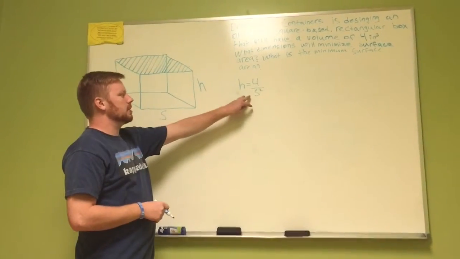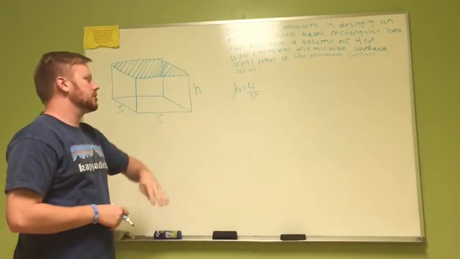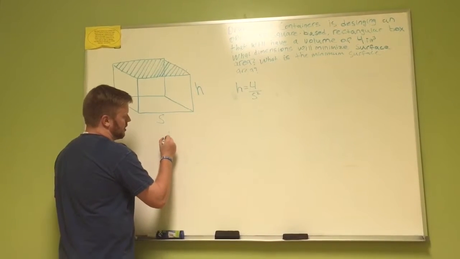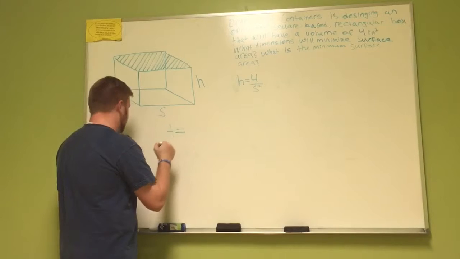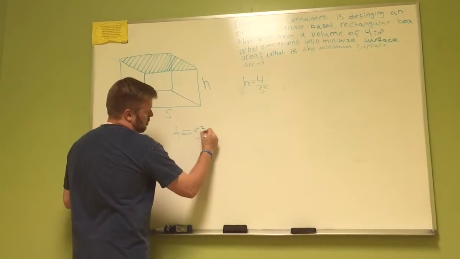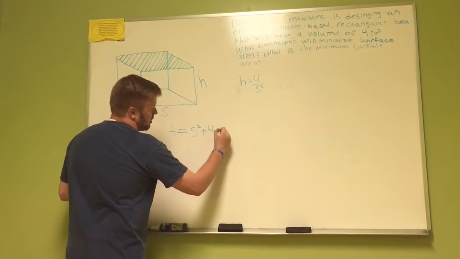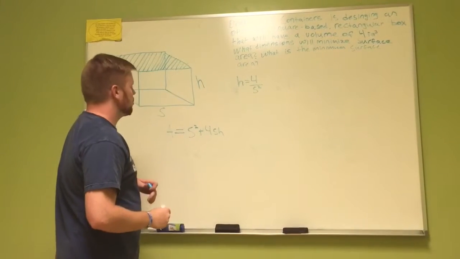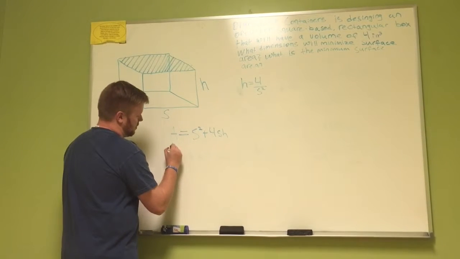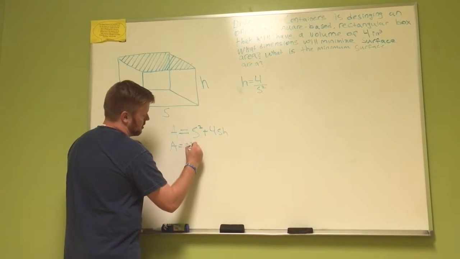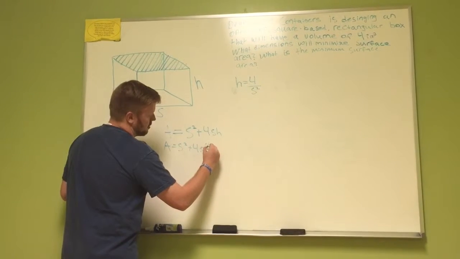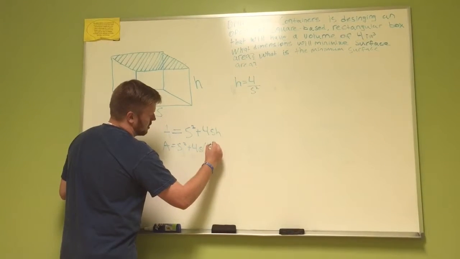Now that we've isolated one of our variables, we take our second equation, which is what we use to solve for area: area equals S squared plus 4SH. We plug our H into this equation, which gives us S squared plus 4S times 4 over S squared.